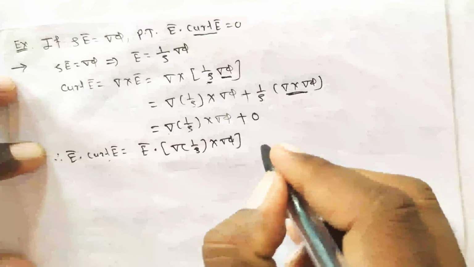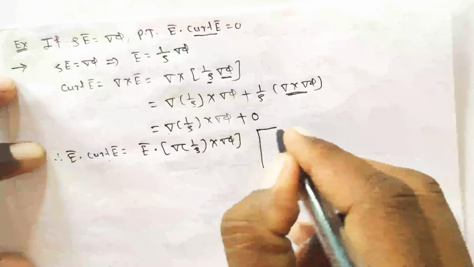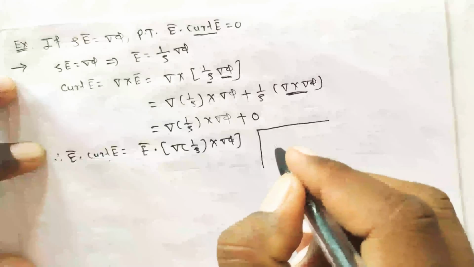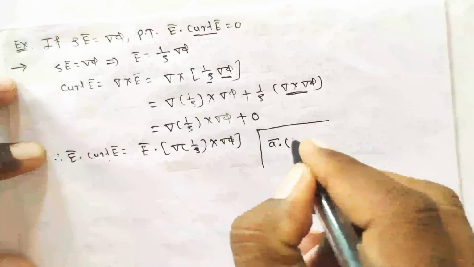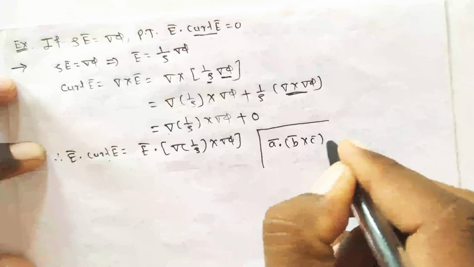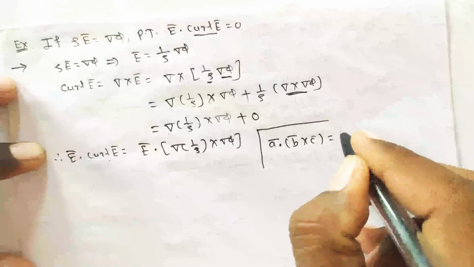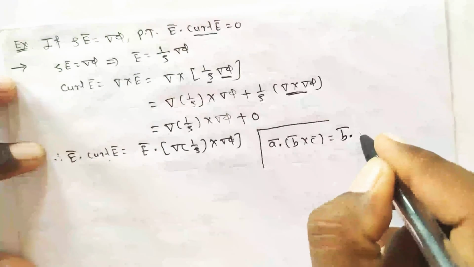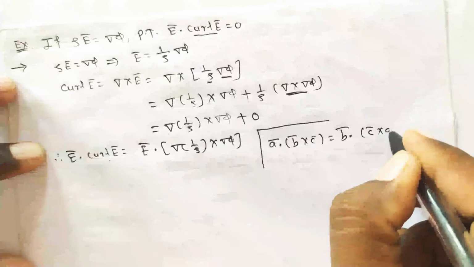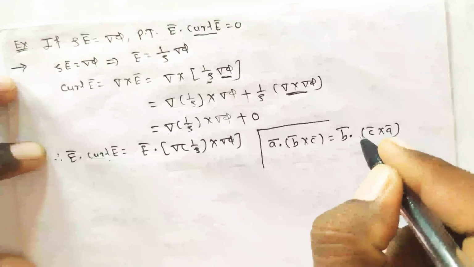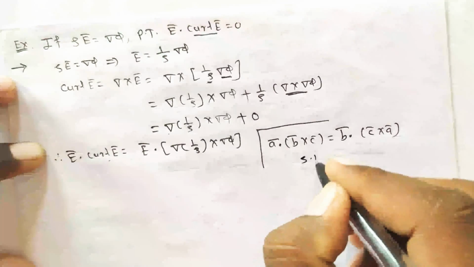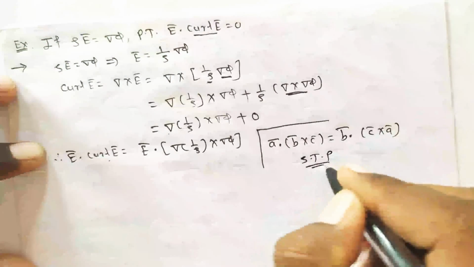Now we know one result called the scalar triple product: a bar dot b bar cross c bar can be written as b bar dot c bar cross a bar. So these two are equal. This is called STP, scalar triple product.